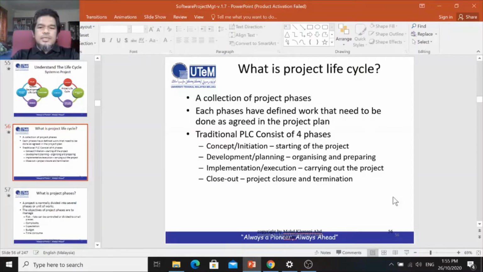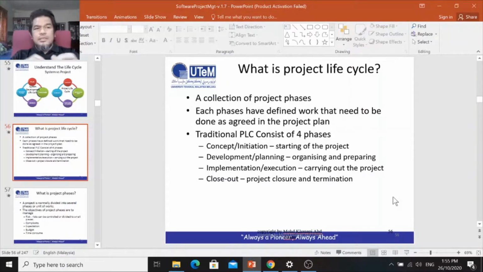So, project life cycle is a collection of project phases, yeah? And each phase has defined work that needs to be done as agreed in the project plan. So for any typical project, these are the generic phases involved in the project life cycle.